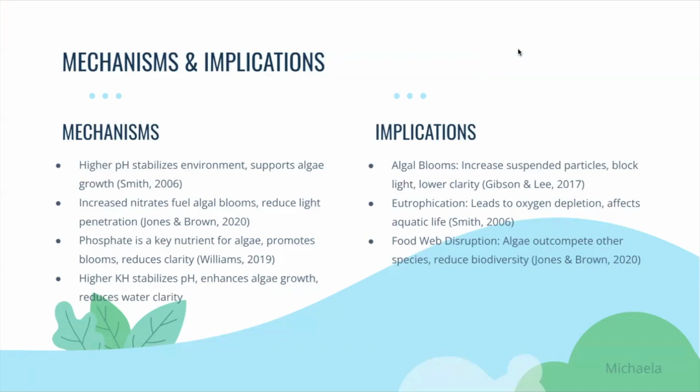Some mechanisms and ecological implications. A lot of the mechanisms are just really similar. So the higher and more increased that they get, they're going to increase and support algae growth. So more algae growth means more algal blooms.